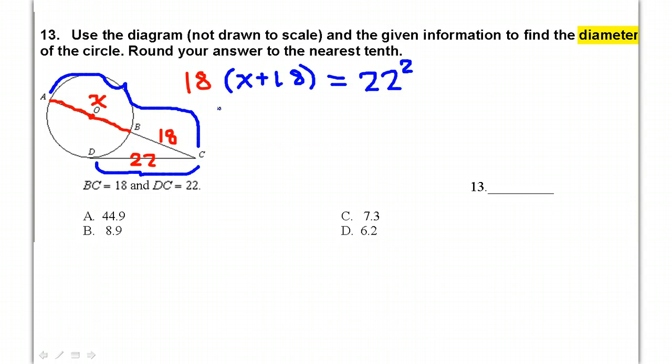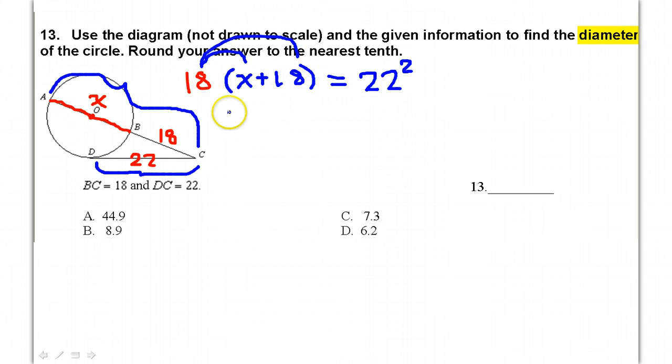Now, on this side, we're going to have the distributive property happening. Now, the only reason why I'm doing the distributive property now is because I can't add 18 and x. Some kids want to take this and put 18x, but that would be multiplication. This is addition. You cannot add x and 18. They are not like terms, so I can't do anything inside the parentheses.